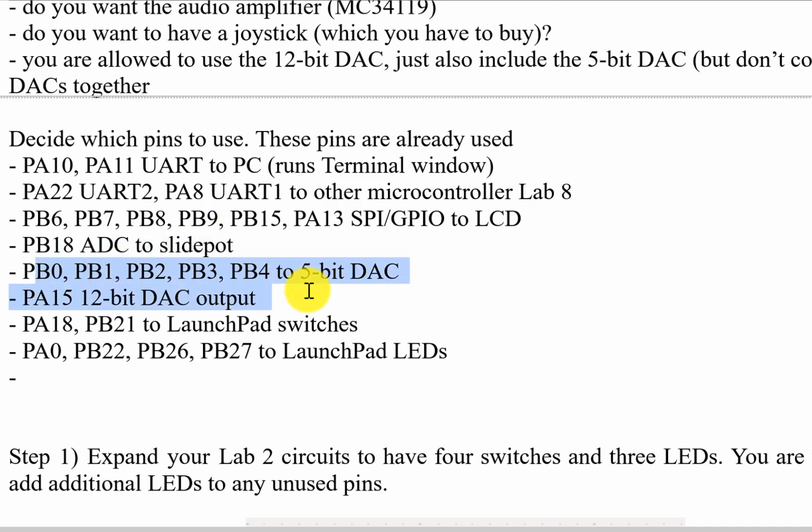Your DAC was PB0 through PB4, et cetera, et cetera. The important thing is to make sure you don't double count. In other words, don't use a pin for one type of I/O and have it inadvertently connected to two different devices. Make sure that each pin has exactly one purpose and not two or three.